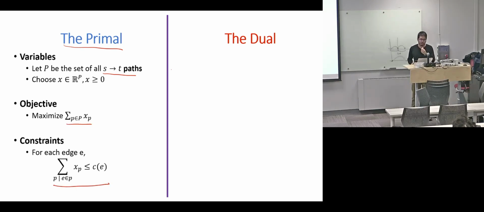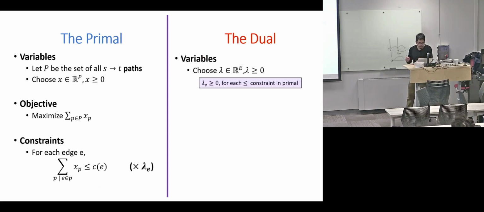And how to derive the dual? Well, the first thing is you create a dual variable for each primal constraint.